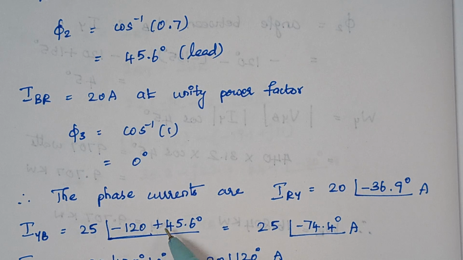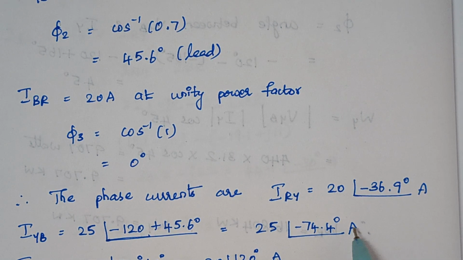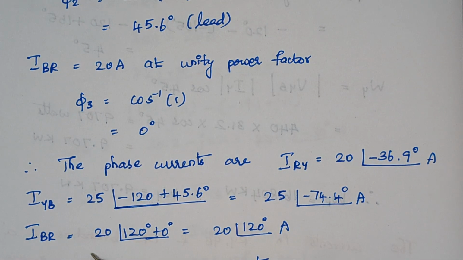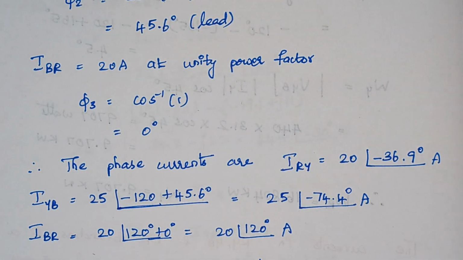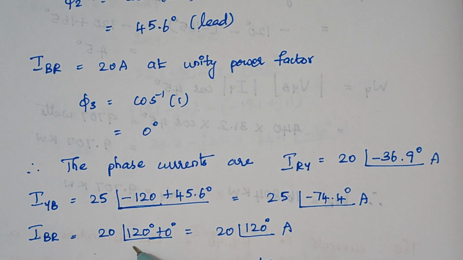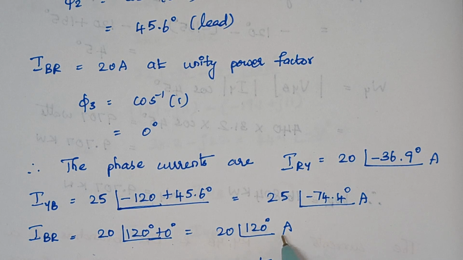Therefore minus 120 plus 45.6 gives minus 74.4 degrees. Finally IBR has magnitude 20 and unity power factor, so it is 20 with an angle of 120 plus 0, which is 120 degrees.